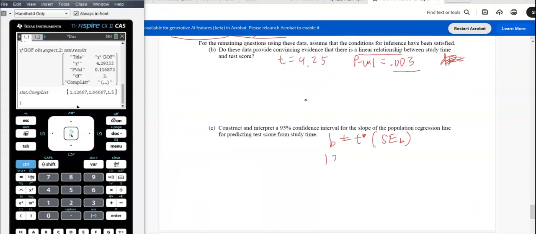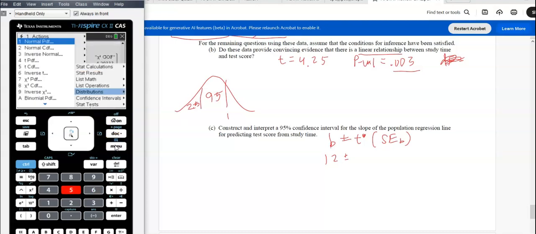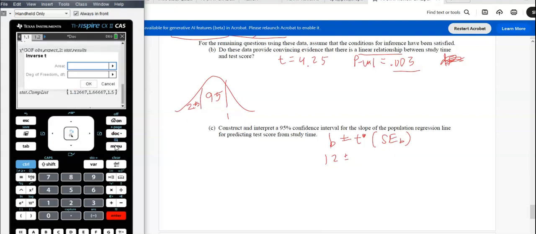So 12 plus or minus. So 95%. So if you do that t critical value, this is 95. So there's 2.5 over here, 2.5 to the left. So to find that, we use the inverse t command. So menu 65 inverse t, and you're going to put an area of 0.975 and degrees of freedom.